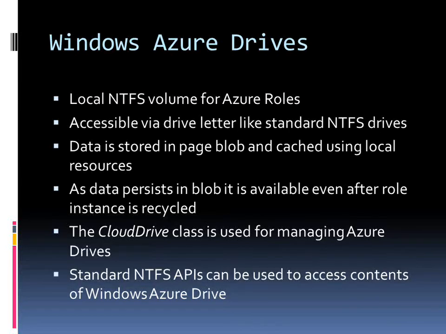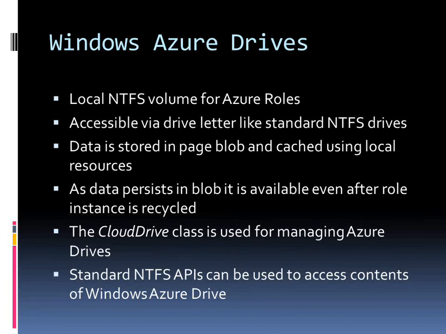Coming to the last part from the Windows Azure storage is the Windows Azure drives. Now Windows Azure drives are similar to the drives that you map onto the storage as well as the local thing. So what we do is we upload the drive into a page blob.